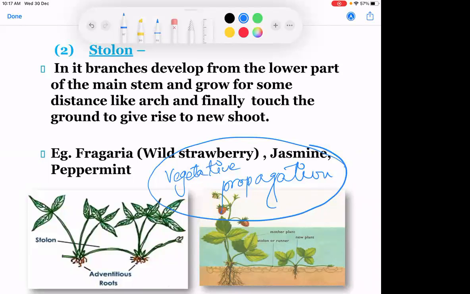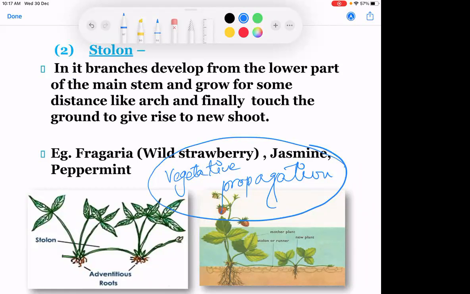Vegetative propagation. Sir, from their seeds, that flower-like thing, it came in 10th, I remember a little. Okay, okay. Whatsoever you know about it, you can say. Any one of you. Yes, sir. It is asexual mode of reproduction in plants.